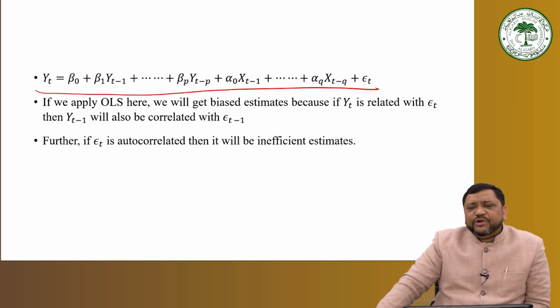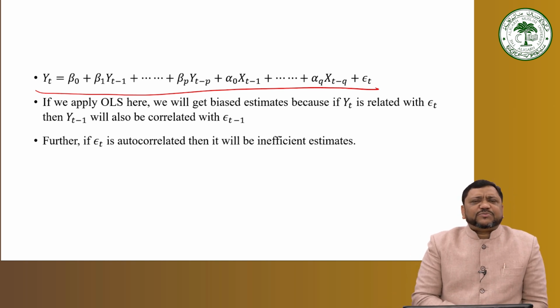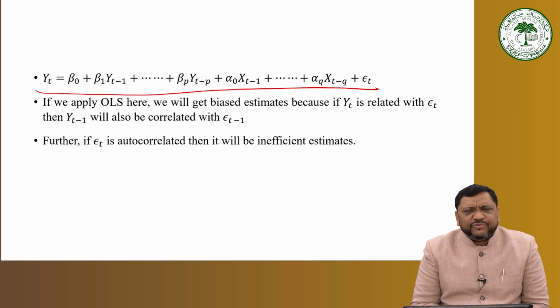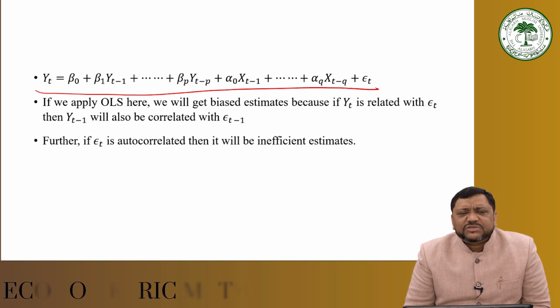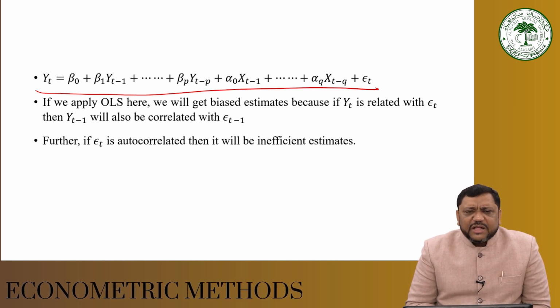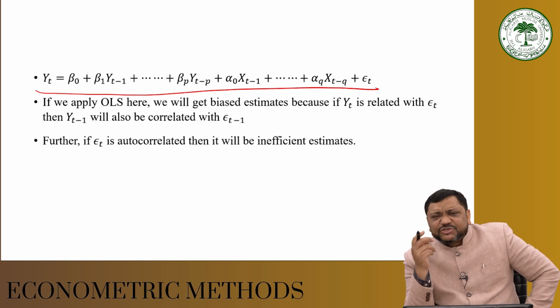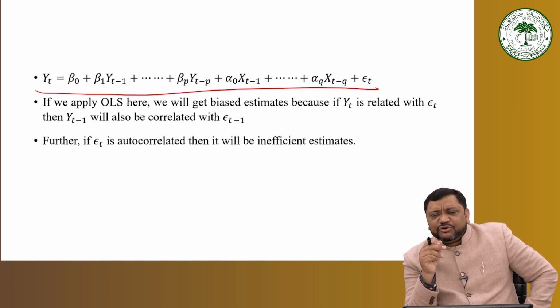The solution to it was the Koyck and Almon models. Also, instrumental variables are used as a solution to these lagged models. During the 1960s and 70s, distributed lag models were extensively used, but there was a problem of multicollinearity and other things, and the solution to that was the Koyck and Almon models.